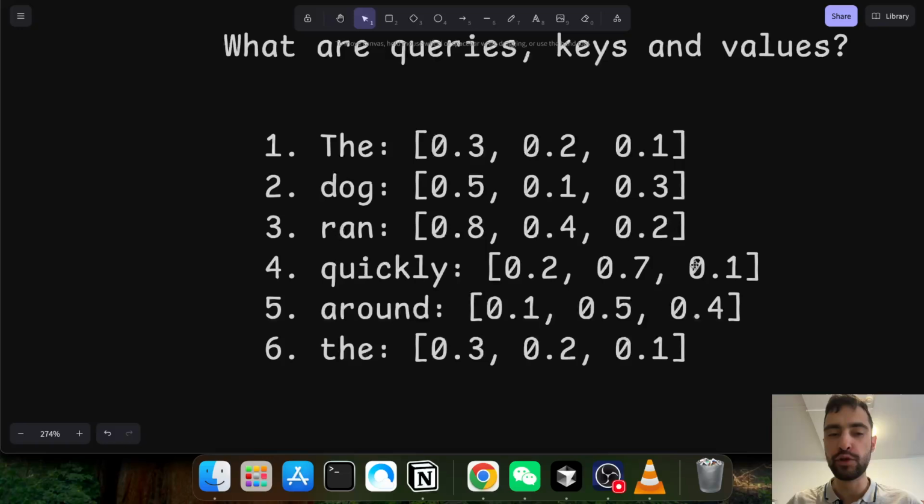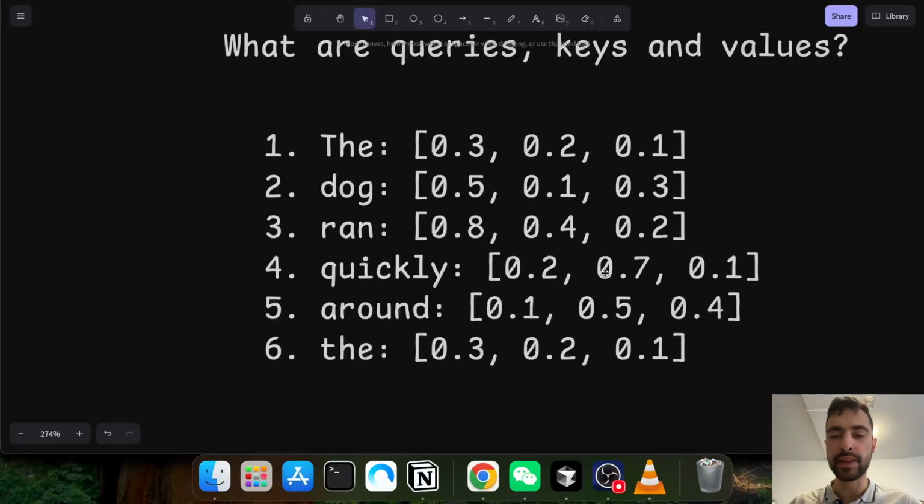For example, it would be looking for ran, so it knows that the quickly refers to ran, but it wouldn't necessarily be interested in this word the, because the doesn't contribute anything to this word quickly. So when we create a query vector from this vector, it's going to basically say what this quickly vector is looking for, what kind of context.